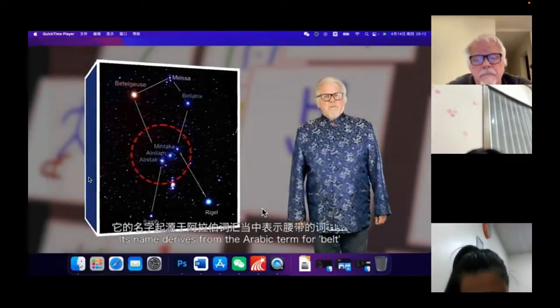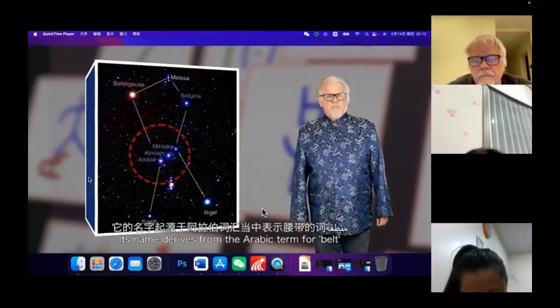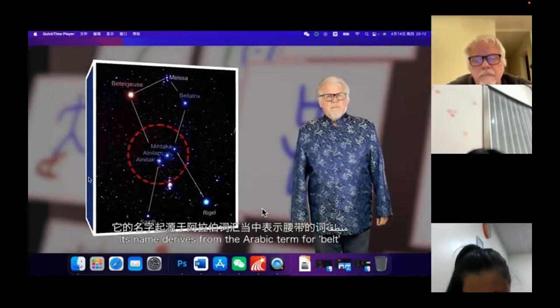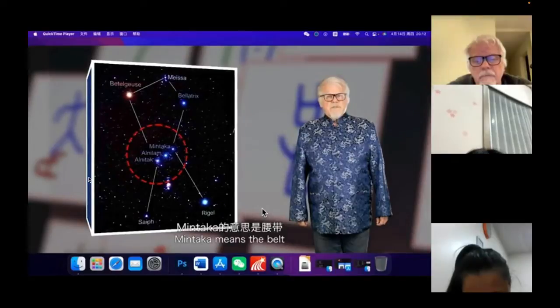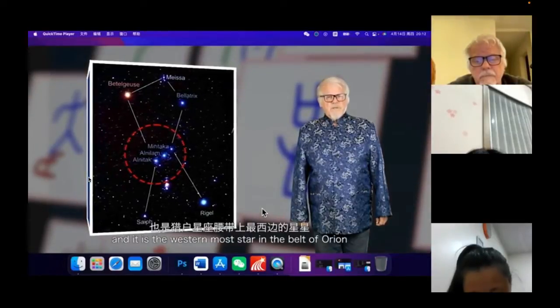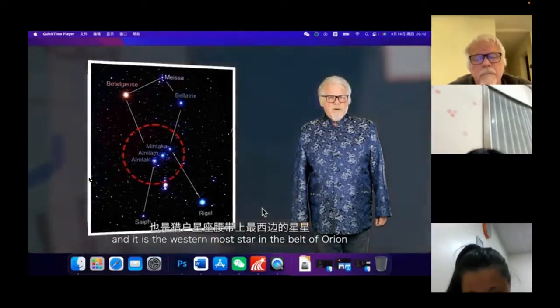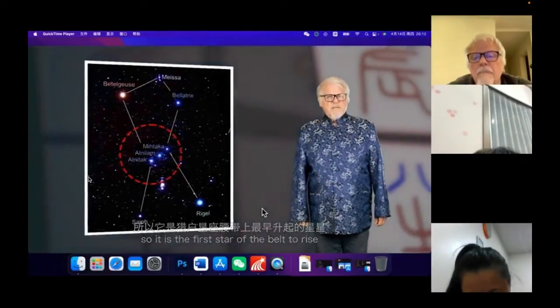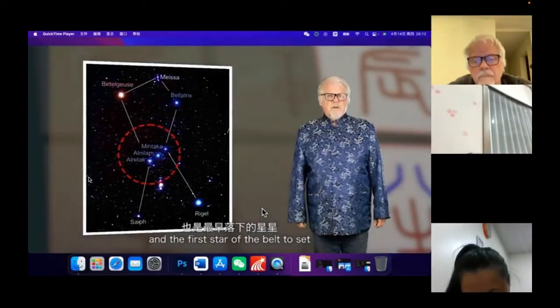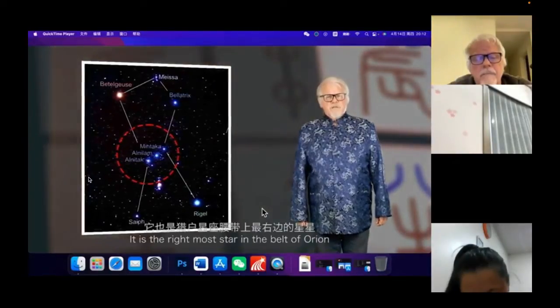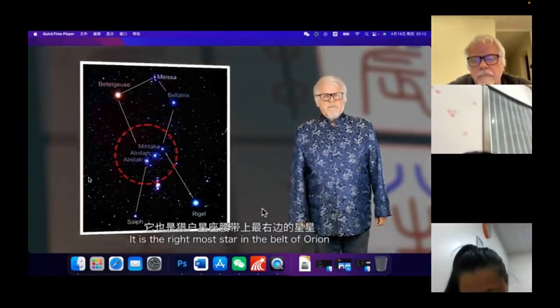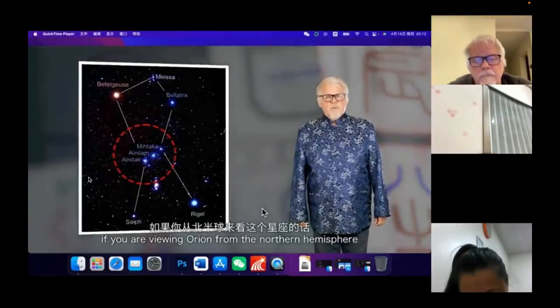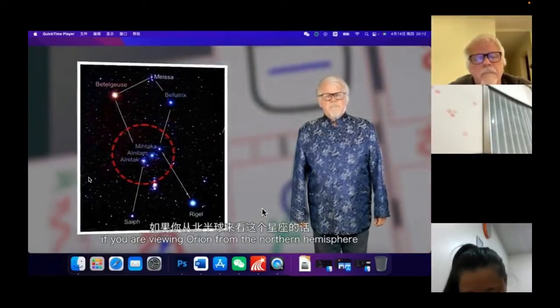Its name derives from the Arabic term for belt, or Mintaka. Mintaka means the belt, and it is the westernmost star in the belt of Orion. So it is the first star of the belt to rise and the first star of the belt to set. It is the rightmost star in the belt of Orion if you are viewing Orion from the northern hemisphere.